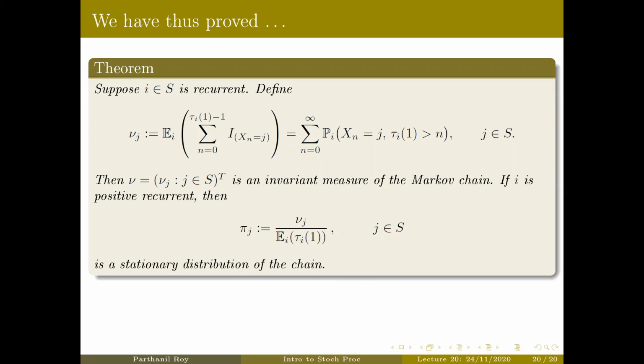So this tells us that if we have a recurrent state, we can get hold of an invariant measure. And if we have a positive recurrent state, then we can get hold of a stationary distribution. But of course, the question remains whether the stationary distribution is unique or not.